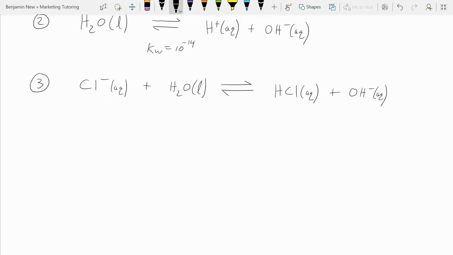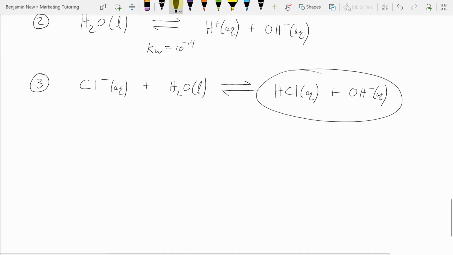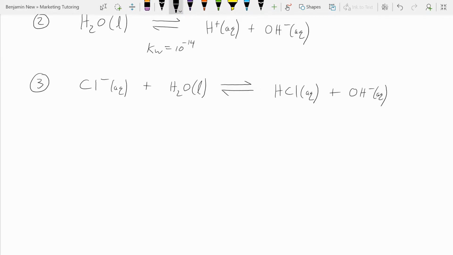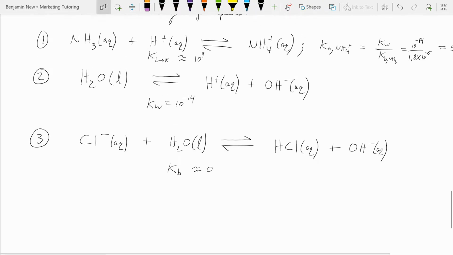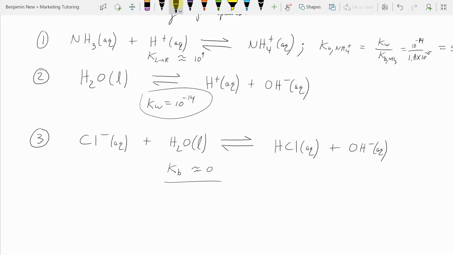Now you might say, well, this could definitely influence things if Cl minus is in solution, but the problem is that Cl minus is such a weak base that you won't get any of these things over here. Because the Ka for this is infinite, that just means the Kb, which is just the definition of this reaction going left to right, is effectively 0.